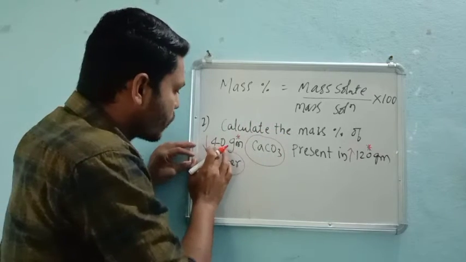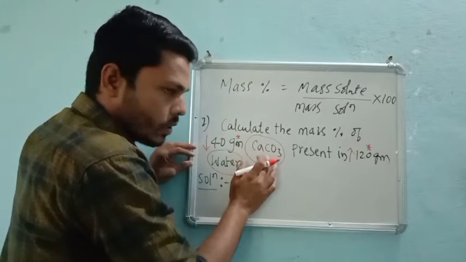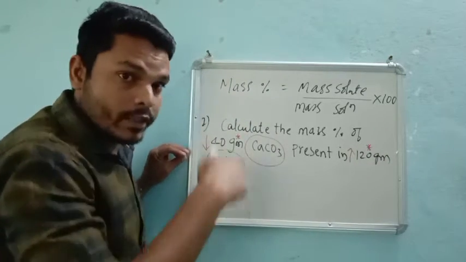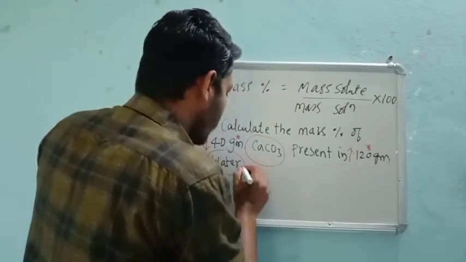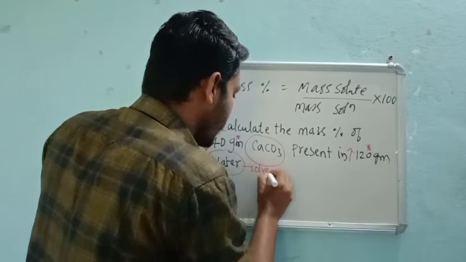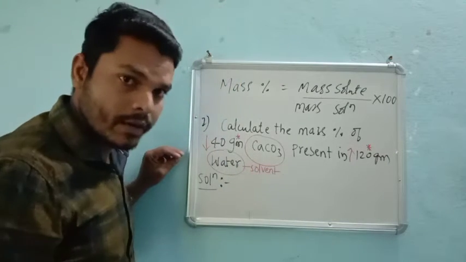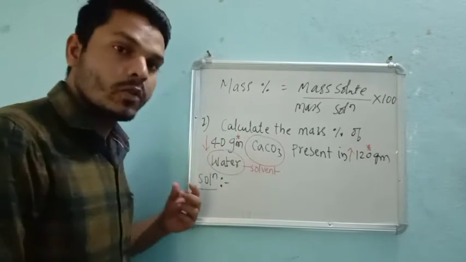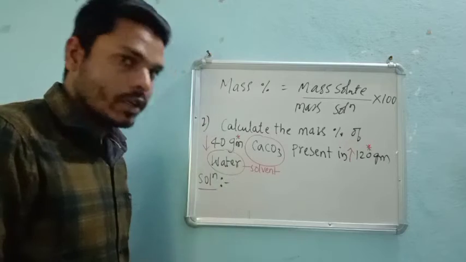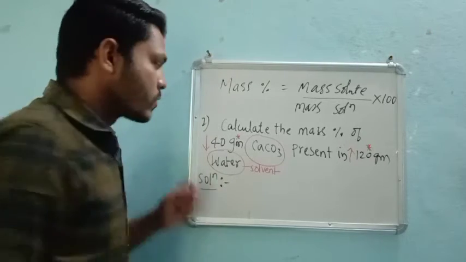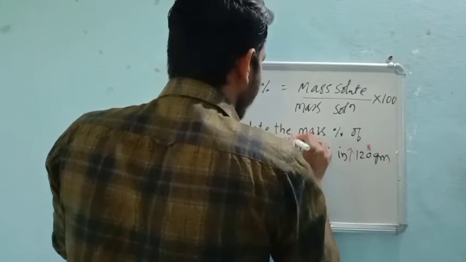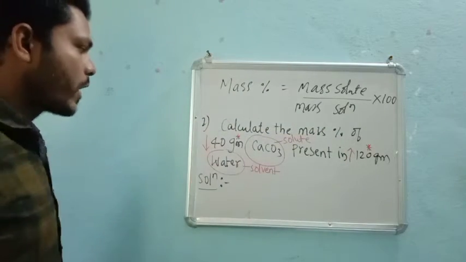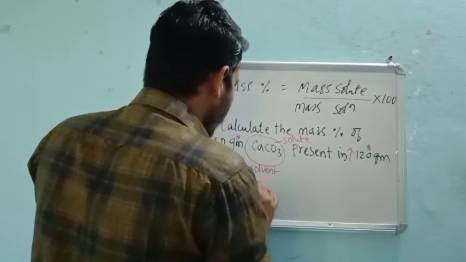In that solution, only 40 gram of CaCO3 and 120 gram of water. So water is more, thus water acts as the solvent because its concentration is more. CaCO3 concentration, or the amount, is less, so it acts as the solute.